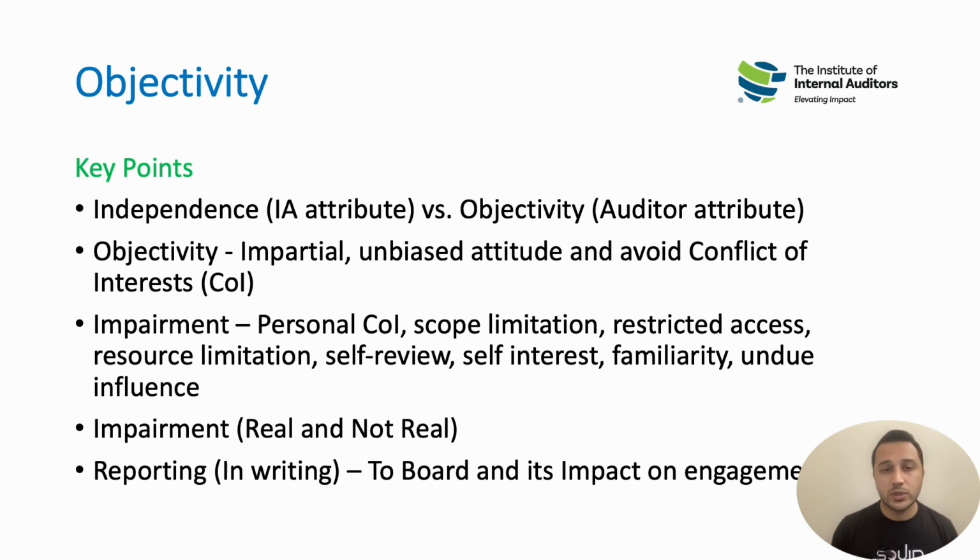Now the question is what to do if you come across such a situation. There are two things. With impairment of objectivity, either it's real or it's not real. Let me give you a scenario where it's not real. You felt that there is an objectivity issue, so you go and discuss with the management, and they give you a satisfactory answer to your problems, and then you feel that there is no harm to your objectivity while doing this audit engagement.